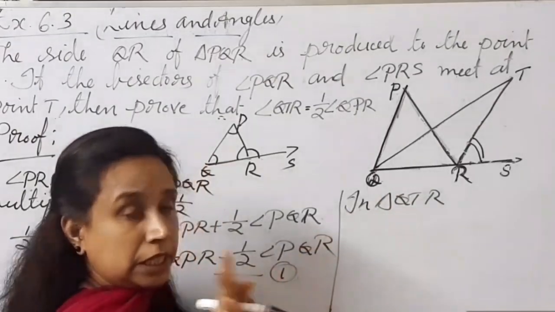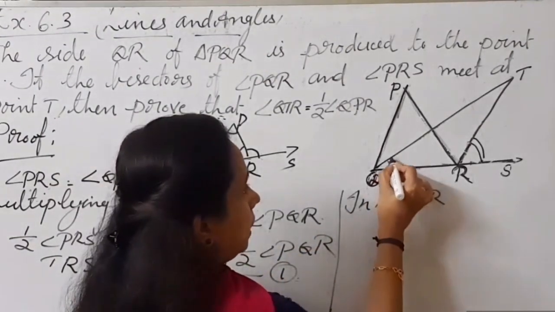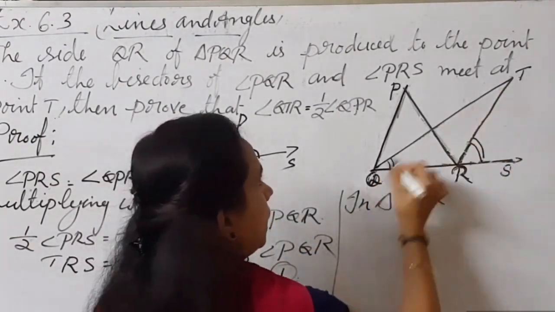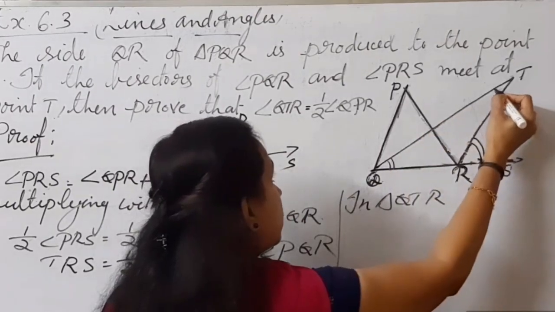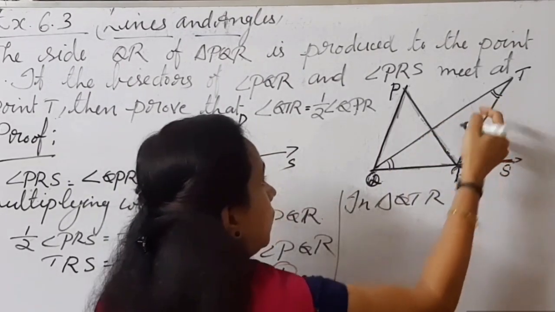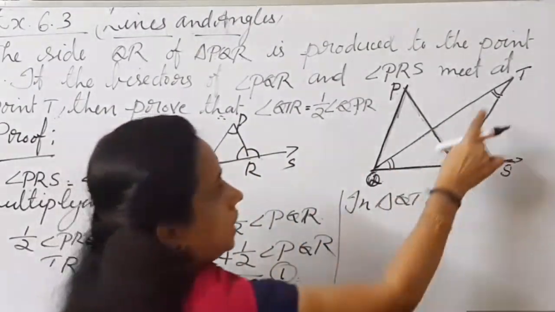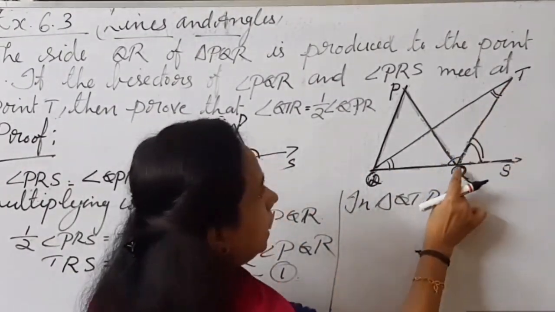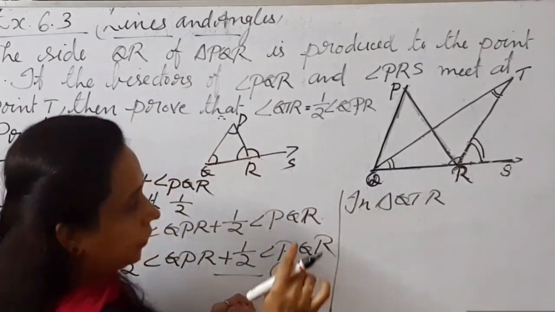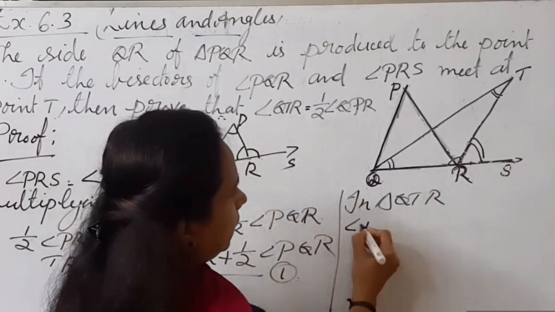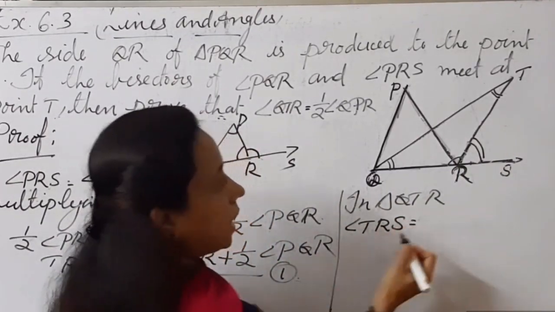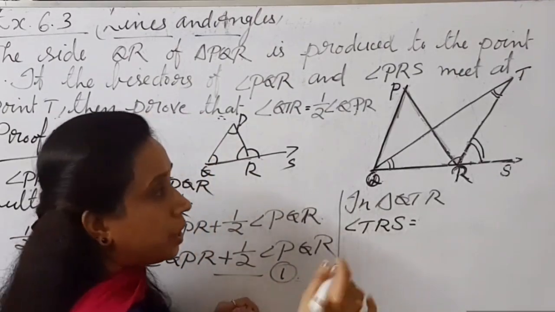There are 3 interior angles. This angle TQR and angle QTR, and one more angle. These are the 3 interior angles and one exterior angle is TRS. So we can write that angle TRS, one exterior angle, is equal to the sum of the interior opposite angles.